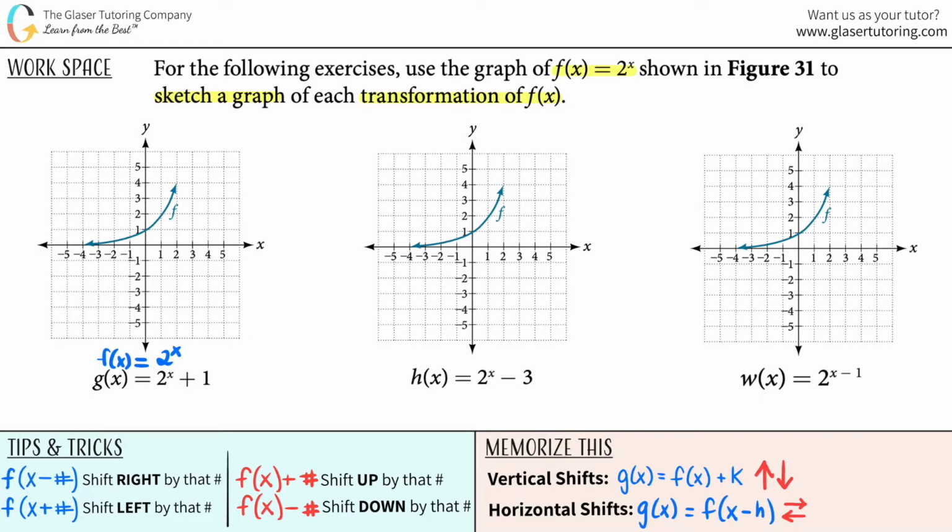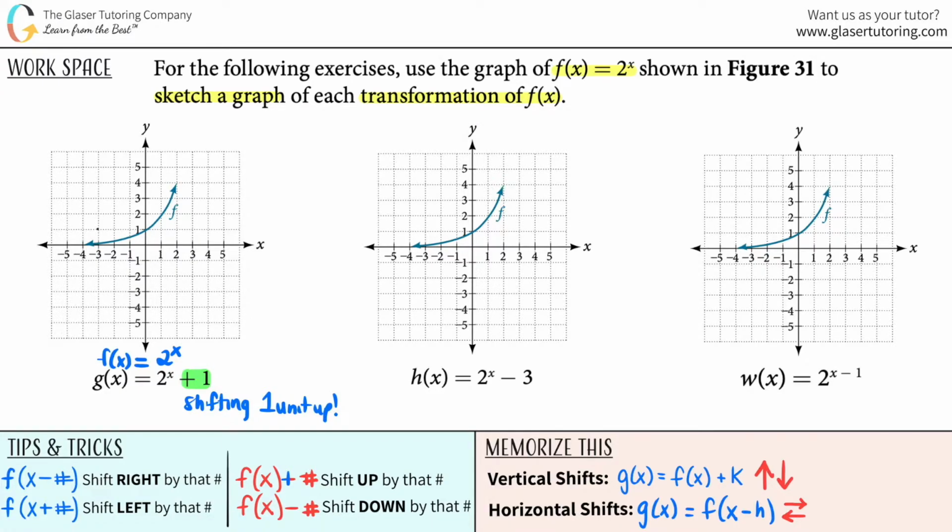So here, when it's a plus, you're always going to be shifting up by that number. So in this case, this is telling you that you're shifting 1 unit up. Okay, so we basically just have to do the same exact graph, but we're just shifting it up 1. So instead of starting here, I'm literally going to take all of these values and respectively push them up 1.